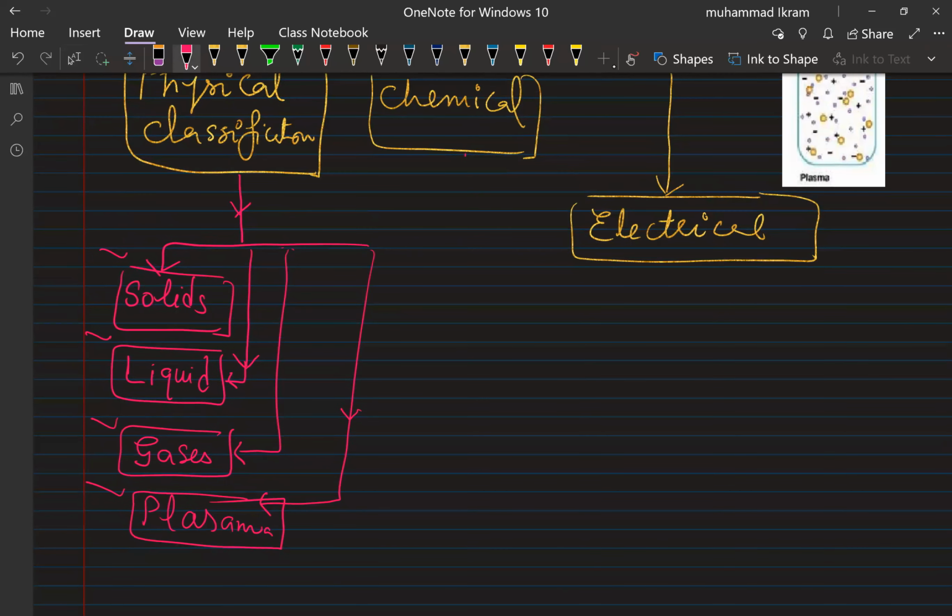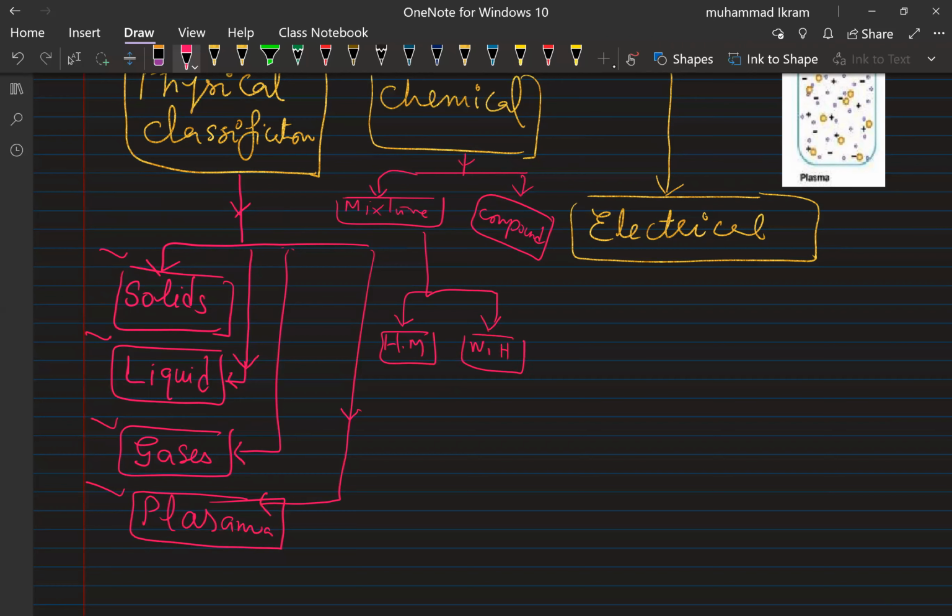In the chemical classification, for example, the chemistry teacher might tell you better than me. You might have the mixture, and then the compound, right? And then you have the homogeneous mixture and the non-homogeneous, or heterogeneous, mixture.